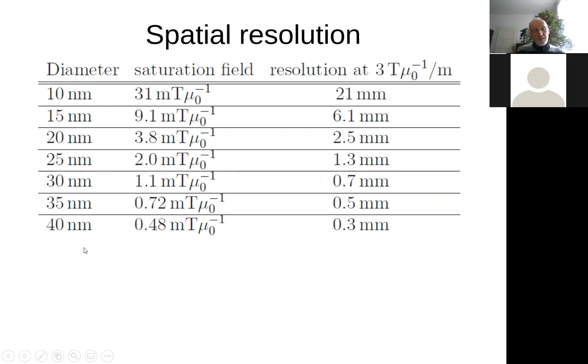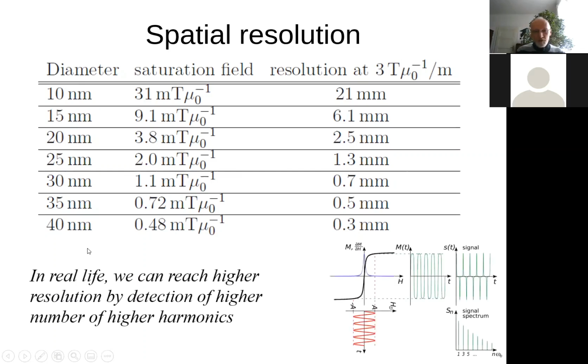In fact, this is not exactly valid in practice, because in real life we can reach higher resolution by detection of higher harmonics. So I don't need to take only these harmonics in the spectra, but I can use also the others, and using these values I can improve the spatial resolution.